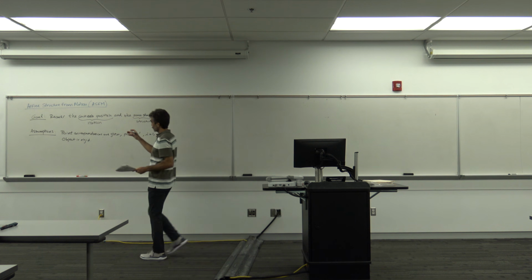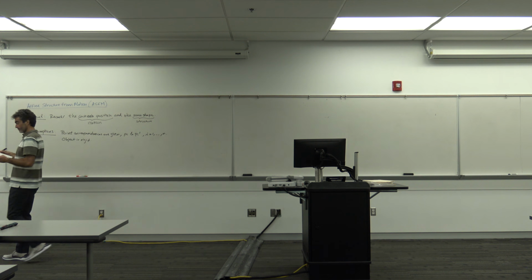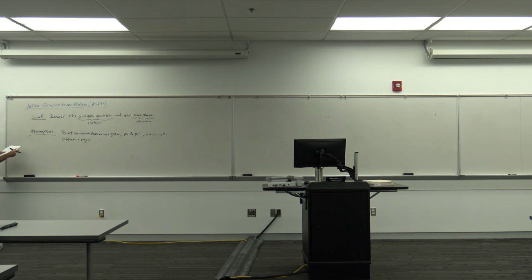Let's put this into mathematical notation. I'm going to call my capital Pj's my n three-dimensional points, so j from 1 through n. And these are my three-dimensional points x, y, and z, or xj, yj, zj, right? And I'm going to write pij, this is a small p, right?